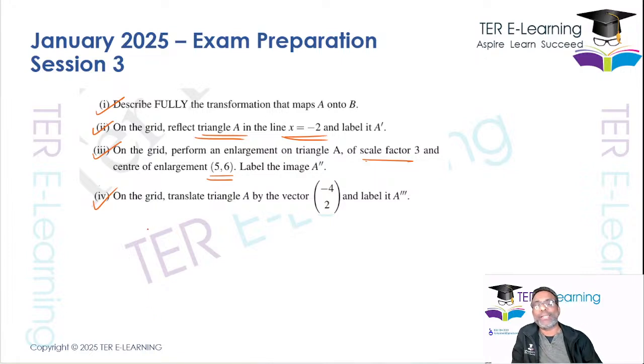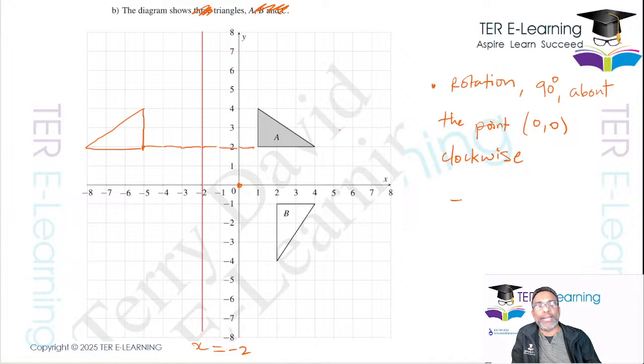We want to translate triangle A using vector -4, 2. So -4, 2, that's your translation vector. If you're going -4, you're going to go 1, 2, 3, 4 units to the left, and then you're going to go 1, 2 units upwards. So this here will represent the top of my triangle. If I were to draw this triangle here, I'm just going to draw 2 units downwards.